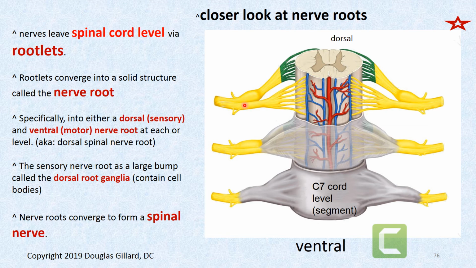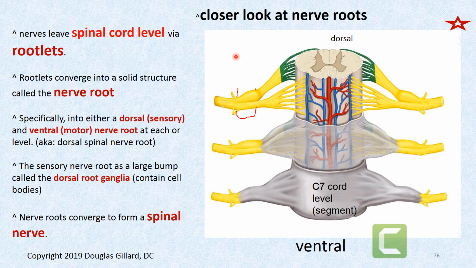But now here's the next important concept. Right after the dorsal root ganglia, the neuroforamen, or the intervertebral foramen, would be right here in most cases. Let me draw that again. So the end of the neuroforamen would be right here.